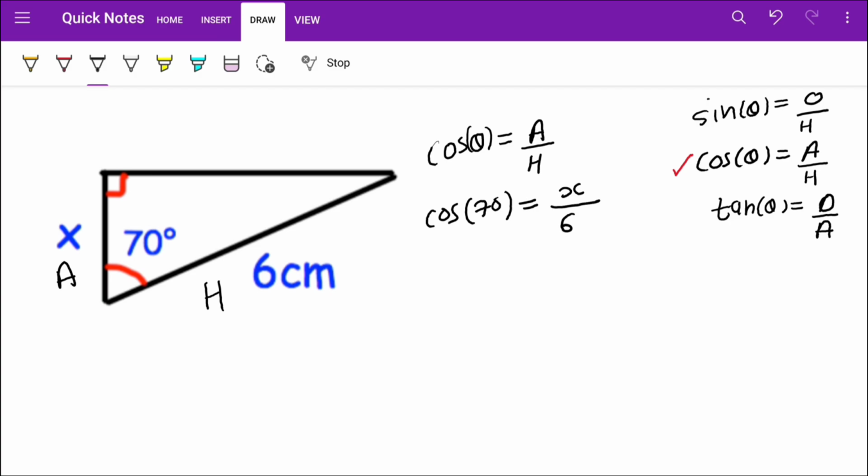We want to find X, so we times both sides by 6. So this cancels out, and we are left with 6 times cos 70 equals X.